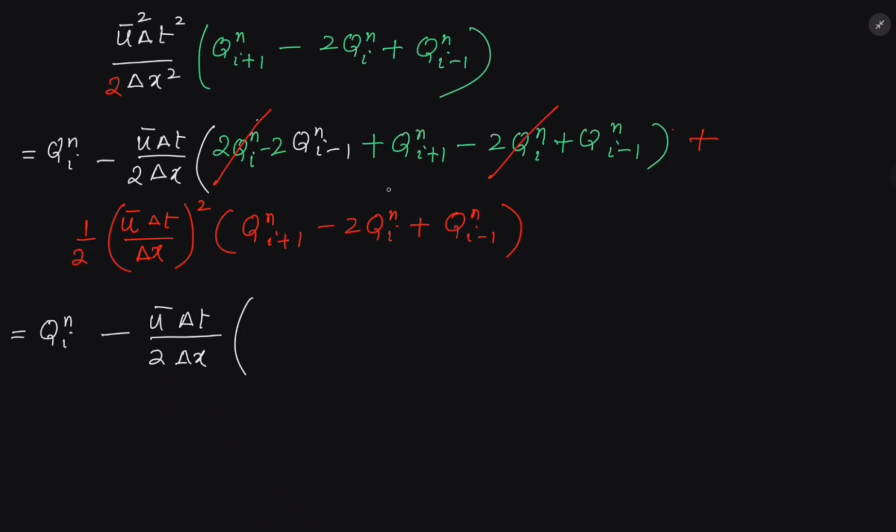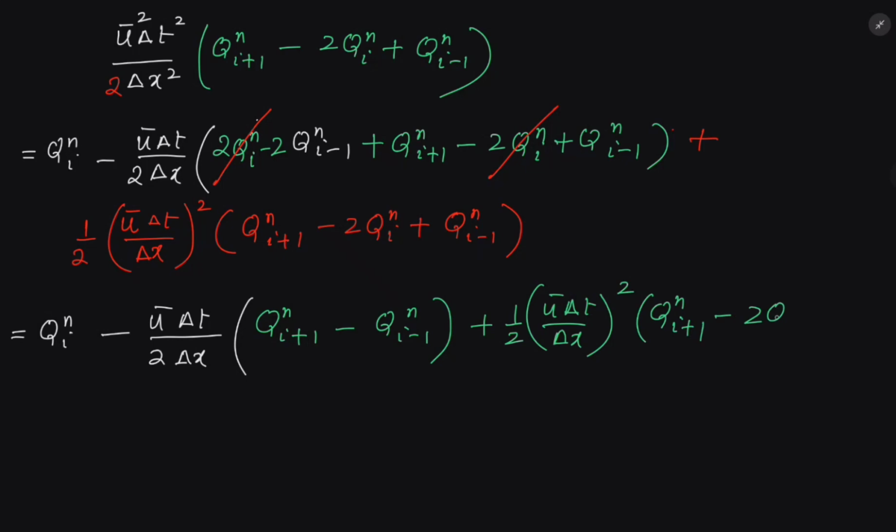And what we have, q n i plus 1 minus q n i minus 1. It is correct. Plus 1 by 2 u bar delta t by delta x whole square, and we have q n i plus 1 minus 2 q n i plus q n i minus 1.